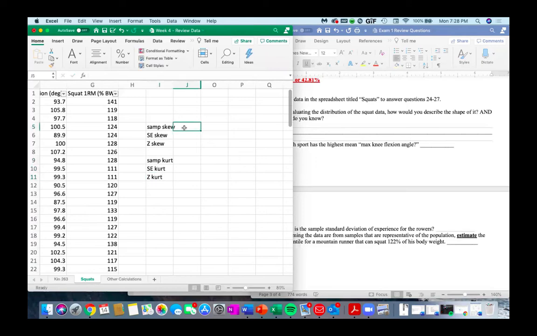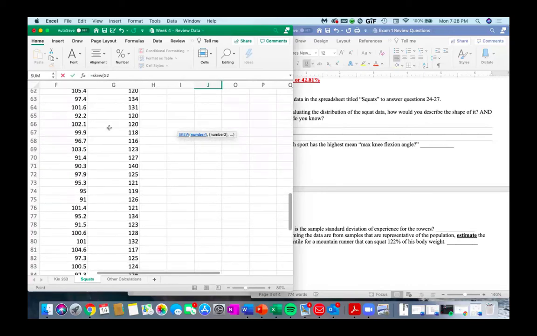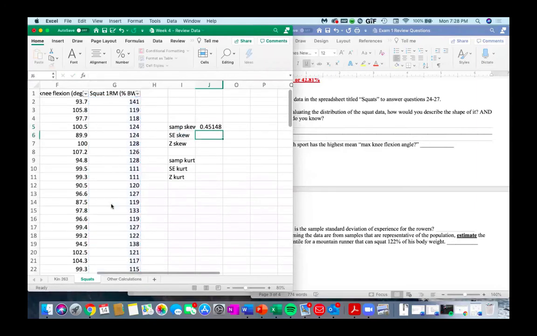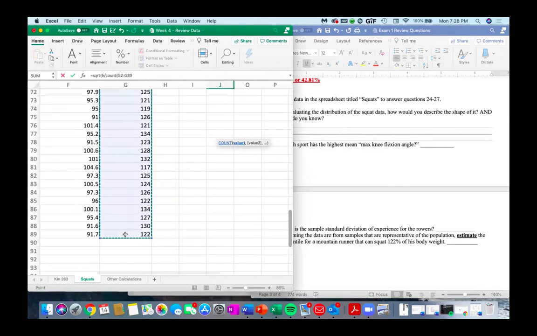Okay, so calculating the sample skewness is going to be the same procedure that we used before, and we're using our squat data. Standard error, again, is the square root of 6 divided by however many values we have in this given set.